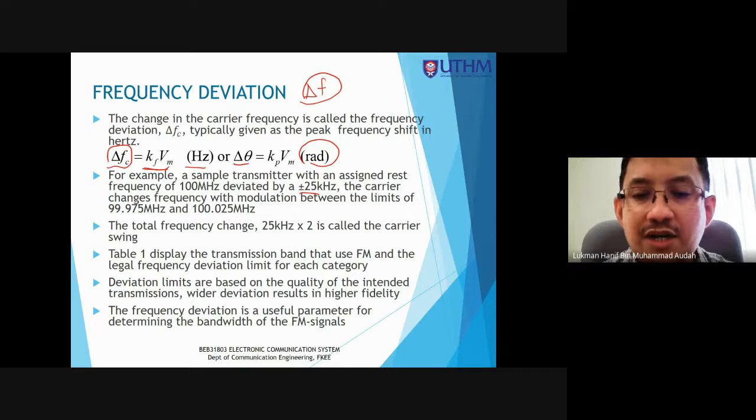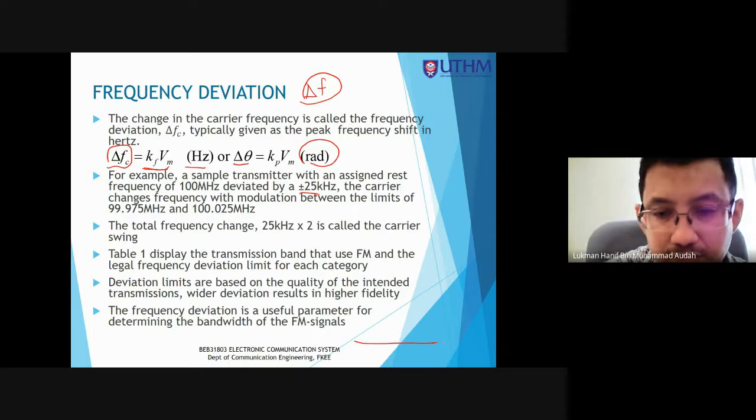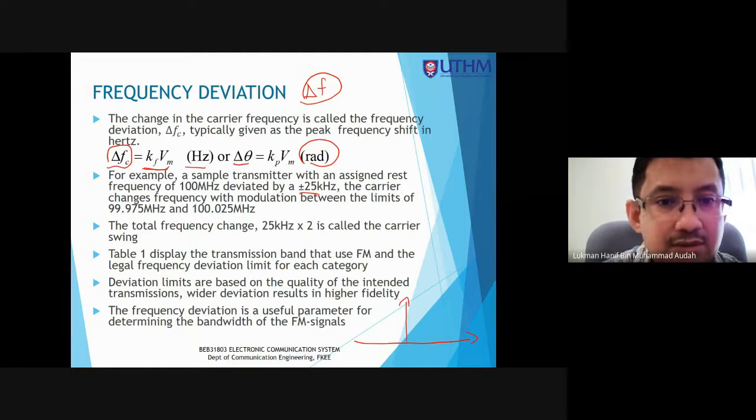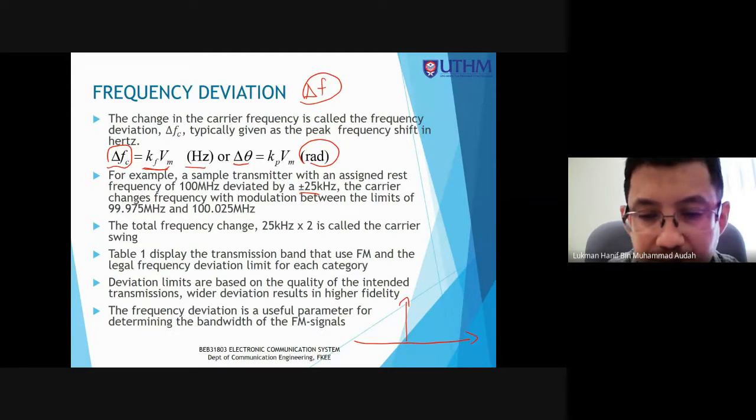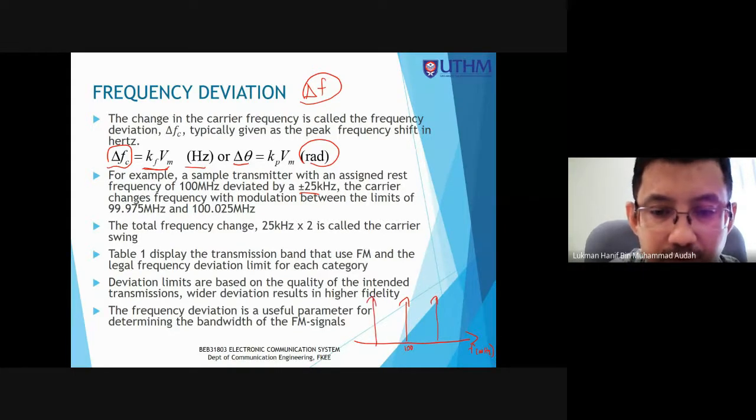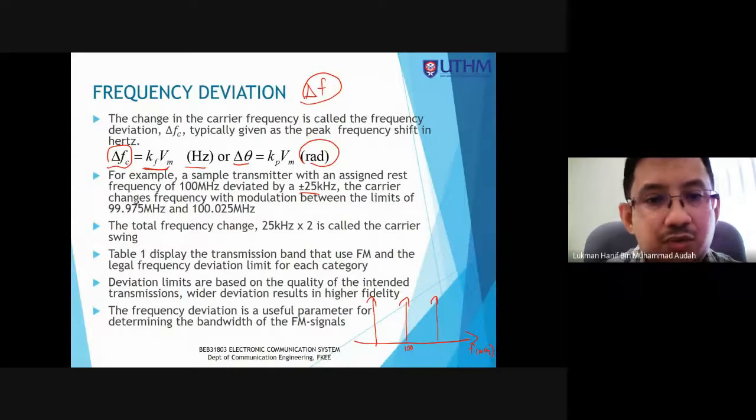Ini dia nak tunjukkan bahawa seperti ini. Okay, katalah carrier pada asalnya adalah 100 mega, katalah f in megahertz. And the carrier changes by about 25k.